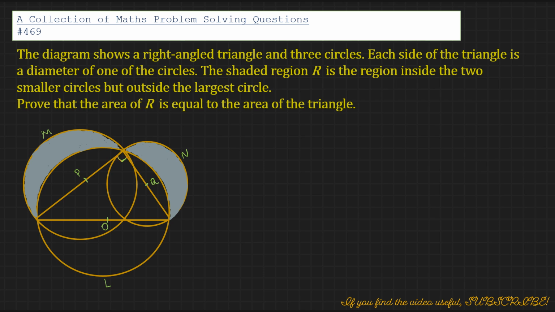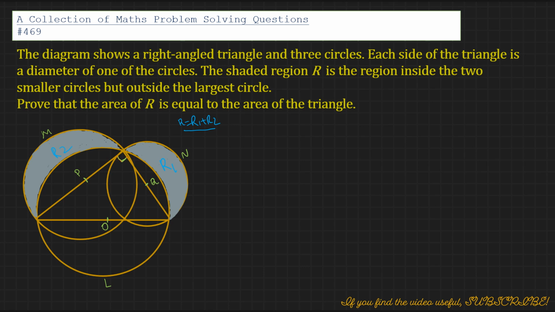So what does that tell me? That tells me that we have to prove that the area of this shaded area, suppose this is R1 and this is R2, then R equals R1 plus R2. That's not what we have to prove.